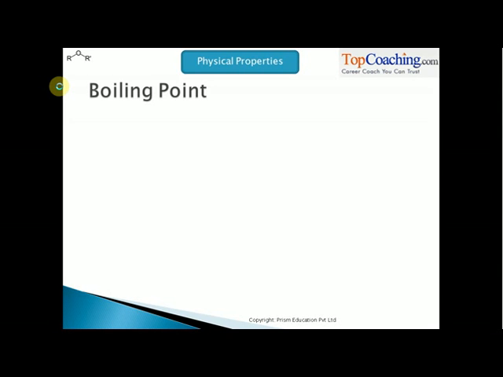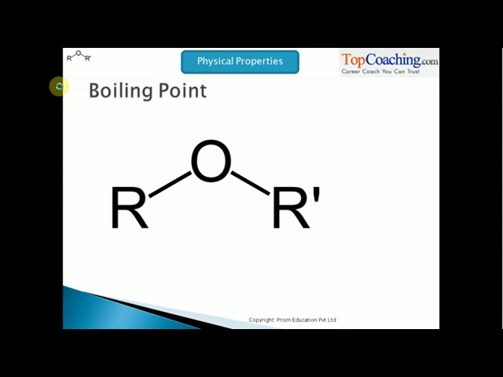Thank you, friends. Let us now have a quick look at two important physical properties of ethers. First one is boiling point. Friends, we are aware of the structure of ether. We have ROR', where R is one alkyl group and R' can be another alkyl group. Both can be similar or dissimilar, and this is our oxygen.